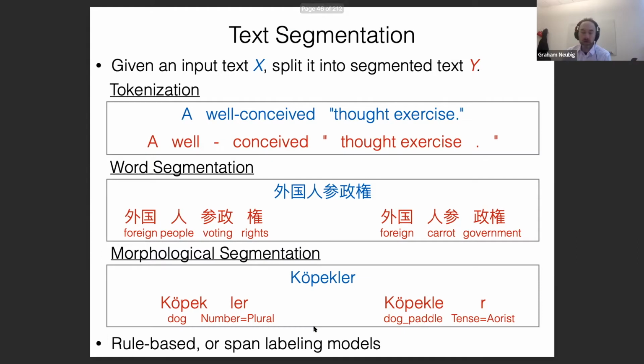Cool. Are there any questions about this so far? Oh, is the word segmentation solved with additional context in Japanese? Yeah, that's a really good question. And morphological analysis also is similar, having context.